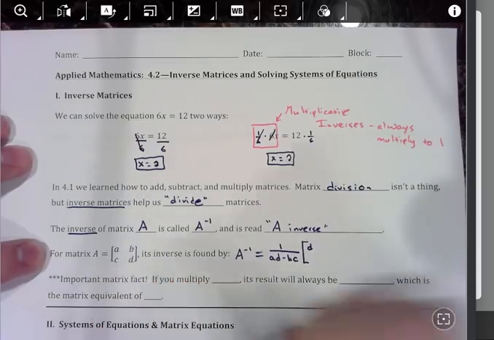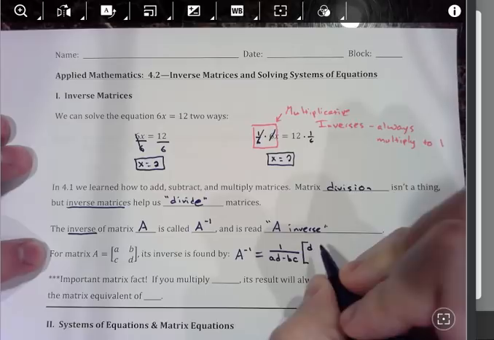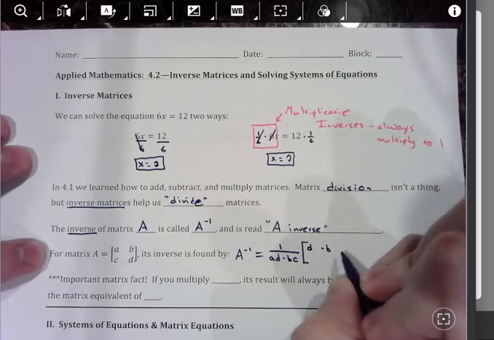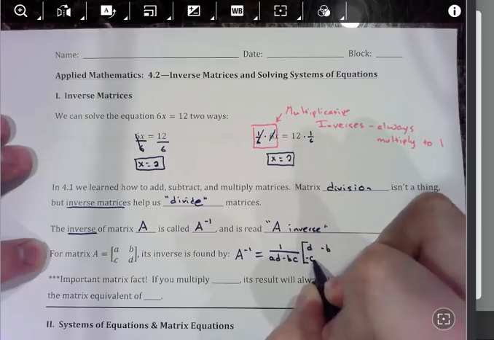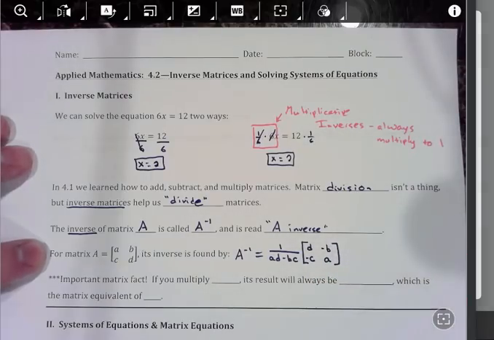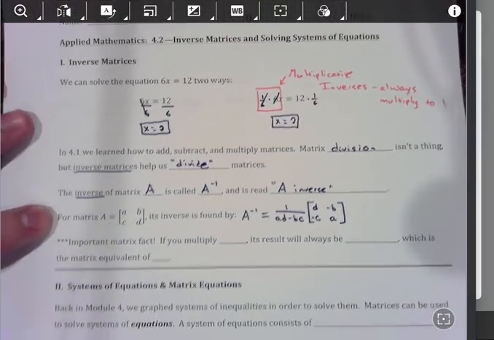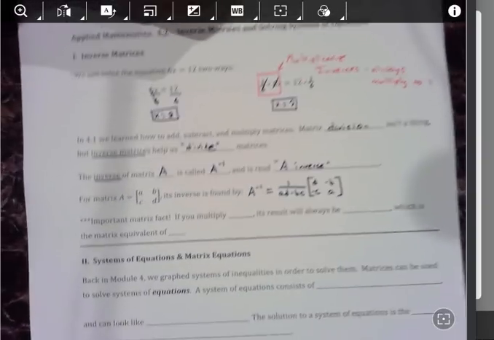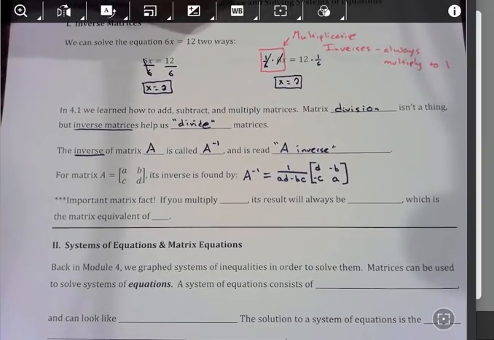You take these A, B, C, D numbers and you kind of jumble them all around, and you take D, negative B, so whatever B is, you take the opposite, negative C, A. That's how you find the inverse of a 2 by 2 matrix. It is not fun. There's a whole class on this in college, and I did not have fun in that class whatsoever. But like I said, you won't really need to worry about that too much. The calculator is going to do that work for you, but that is how the calculator does find it.